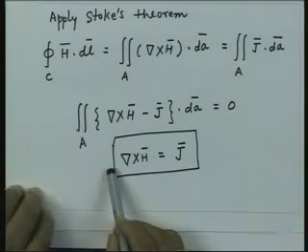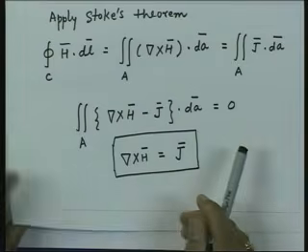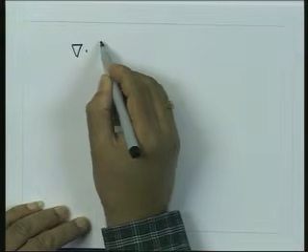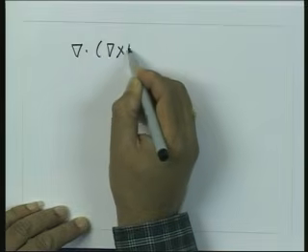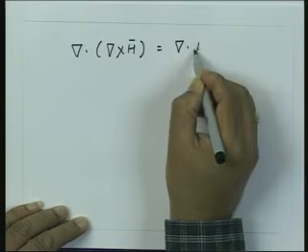So, I can say divergence of curl of H is equal to divergence of J. So, I will get del dot del cross H, that is equal to del dot J.